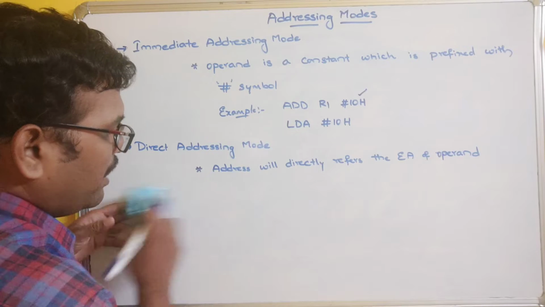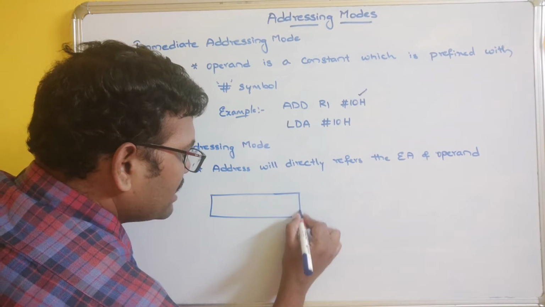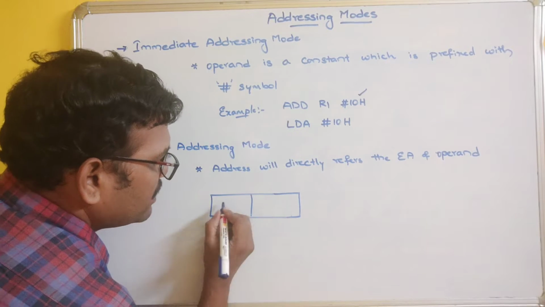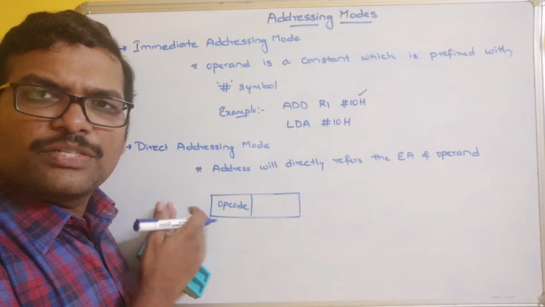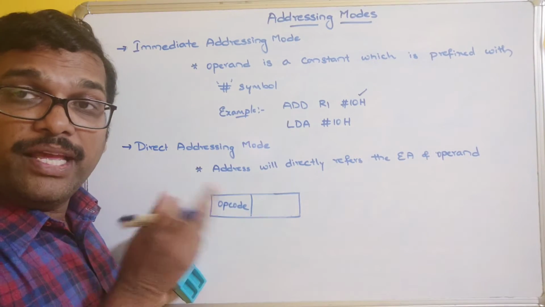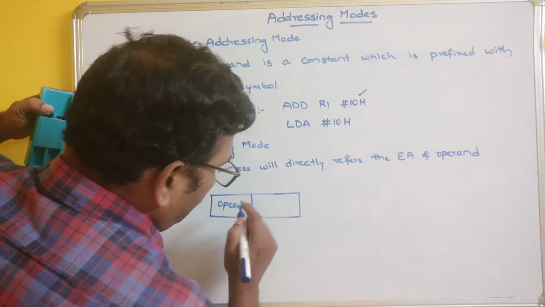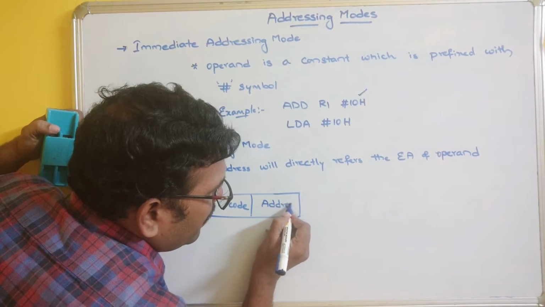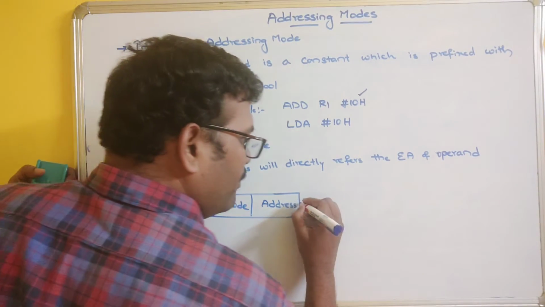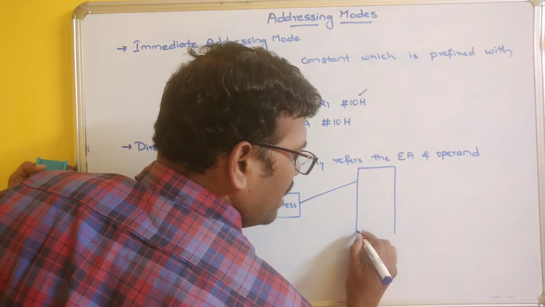For example, first I'll write down the diagram. Let us consider two fields. One is opcode. Forget about the last one, that means the mode. So we can include the first and second columns with the opcode, right? So opcode, and the next one is the address. Whatever address we have will be directly pointing towards the memory.